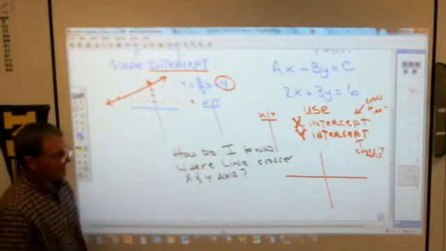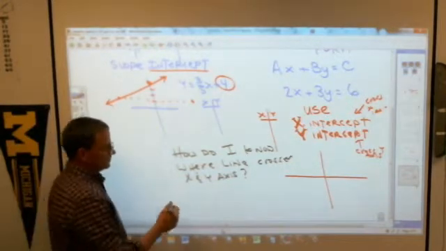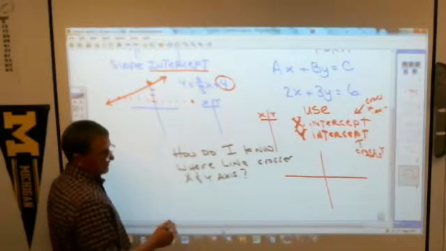This is as easy as it is. Here you go. It's the same for each. It's just opposite for each.